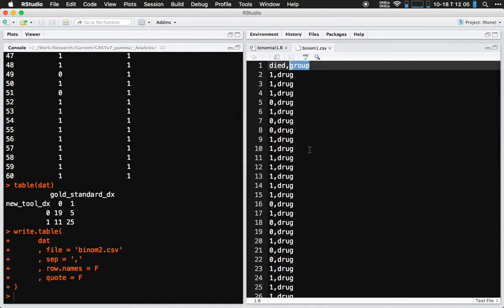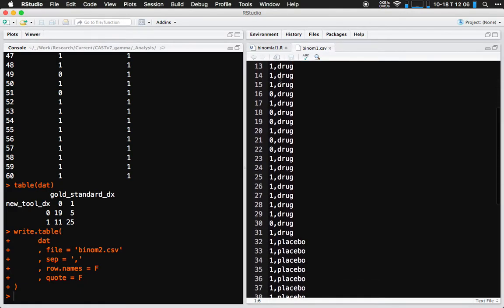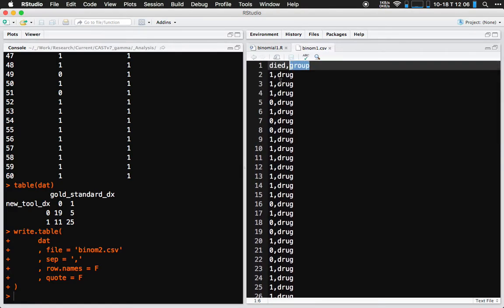So we can presume this is the results from a study where it's drug versus placebo, and we're trying to establish whether giving people the drug versus placebo improved their survival in the experiment. Presumably it's some sort of high mortality disease, and we're trying to reduce that mortality.